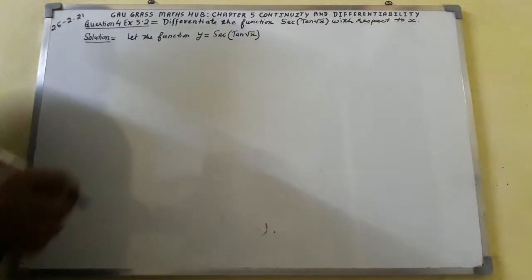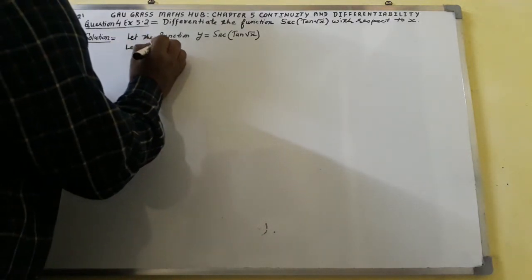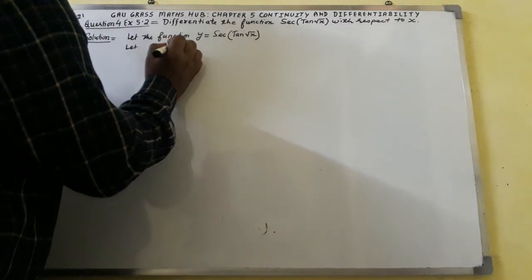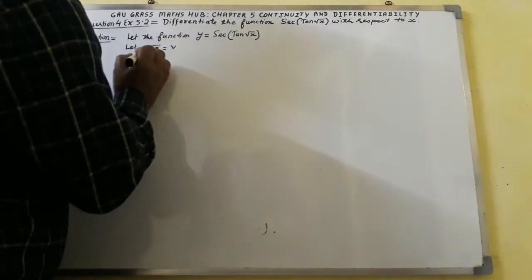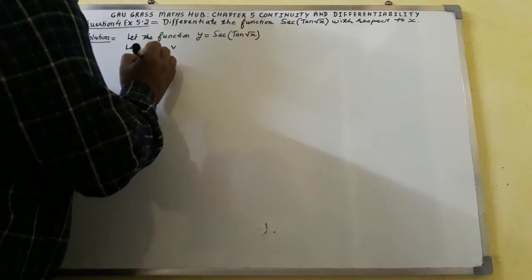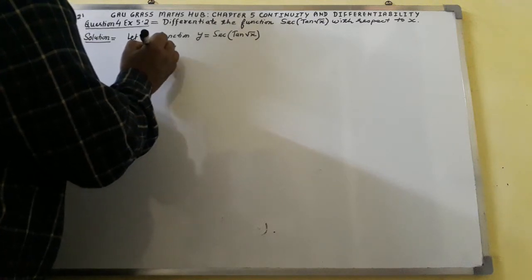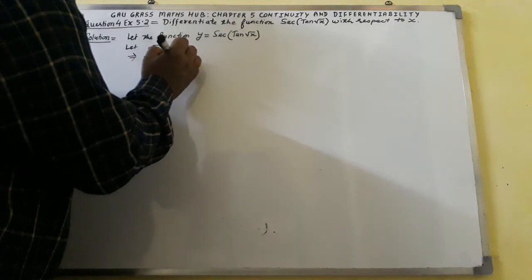Again I shall write here, let √x equal to v. This implies that √x can be written as x raised to power 1/2 equal to v.